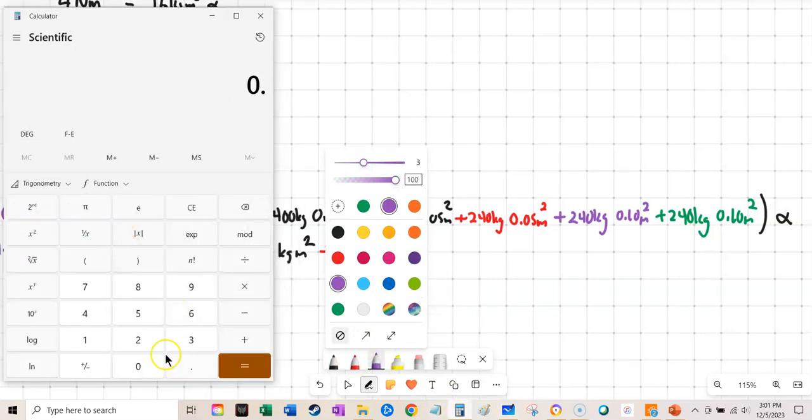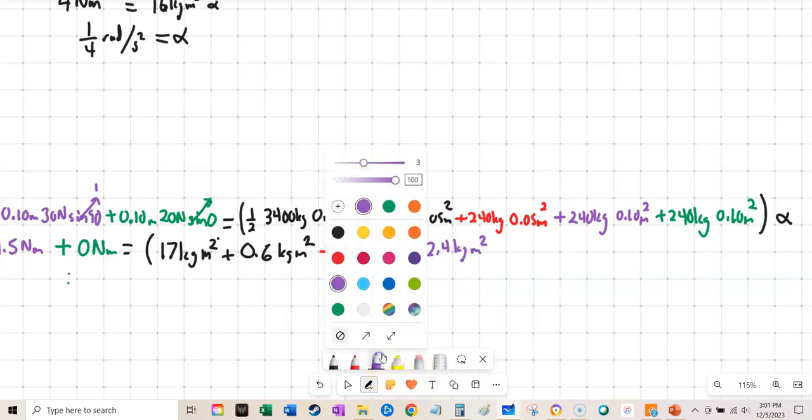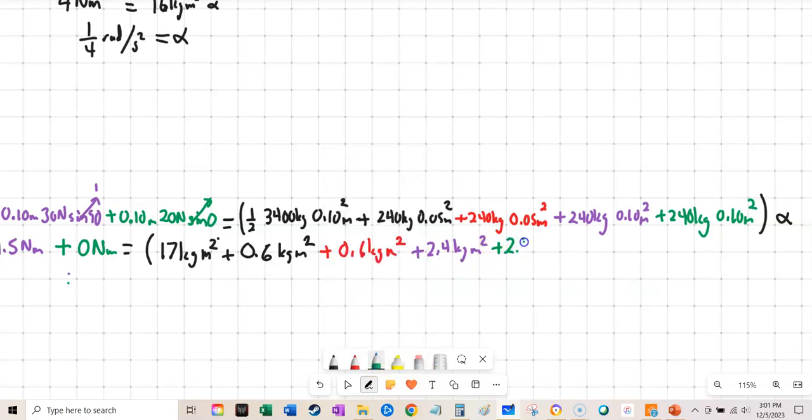So this is 0.1 that we're going to square times 240 equals, so 2.4. So the purple guy is going to be 2.4 kilogram meters squared of moment of inertia. The green one is also 2.4 kilogram meters squared of moment of inertia. And this is the alpha that we're trying to find. Okay.